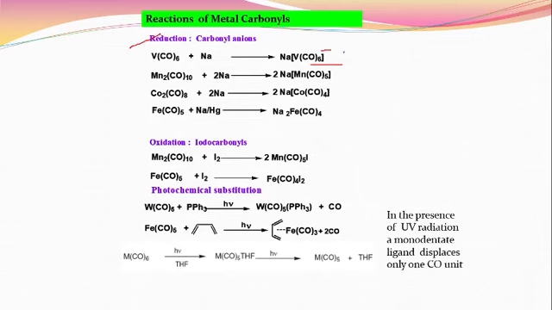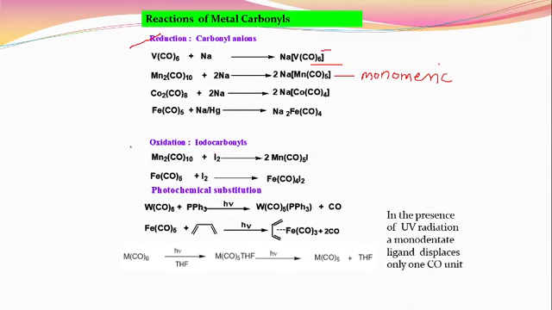That means this is the conversion of a neutral compound to the anionic form, which is a more reactive form. Next, Mn2(CO)10 is reacted with 2 Na, and we get 2 Na[Mn(CO)5]. That means the dimeric compound is converted to the monomeric. Here also Co2(CO)8 is reacted with 2 Na, and we get 2 Na[Co(CO)4].